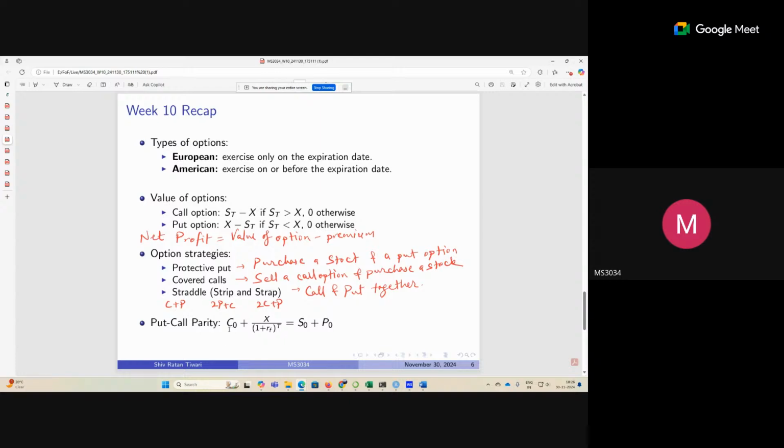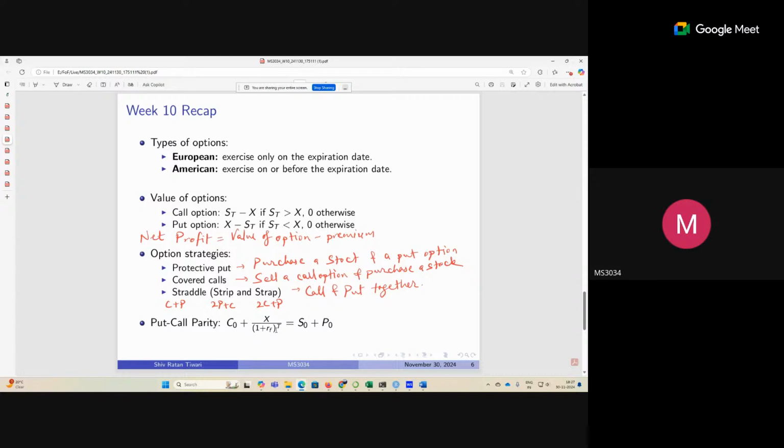The price of the call option plus X divided by 1 plus RF to the power T will be equal to the stock price plus the put option price. We derive this by building portfolios which give the same output.